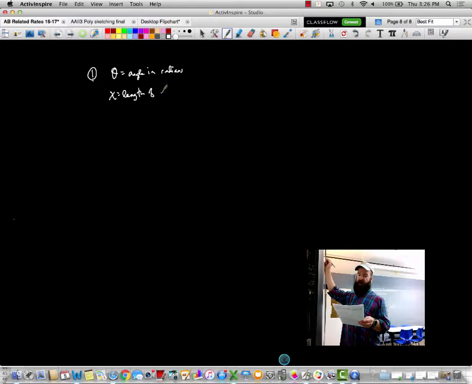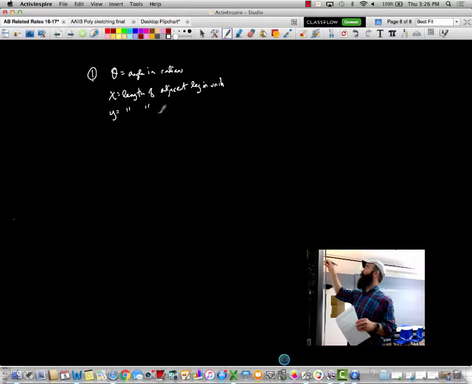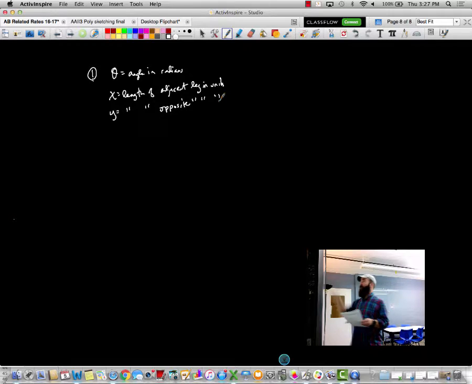And x is the adjacent, and the units just says units. And then y is the length of the opposite leg in units. Okay?